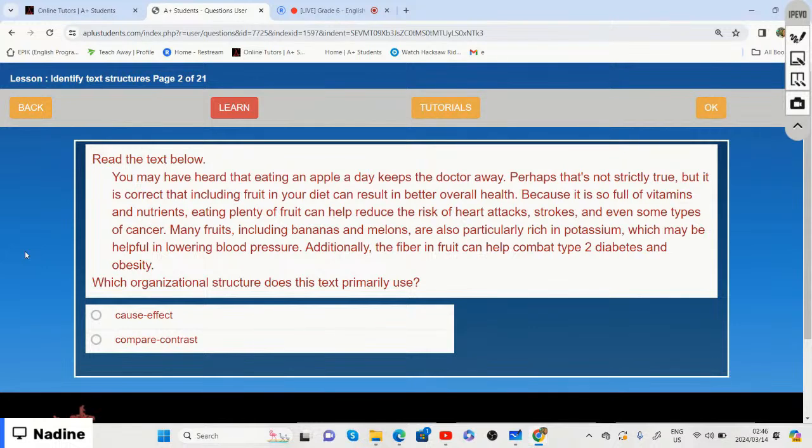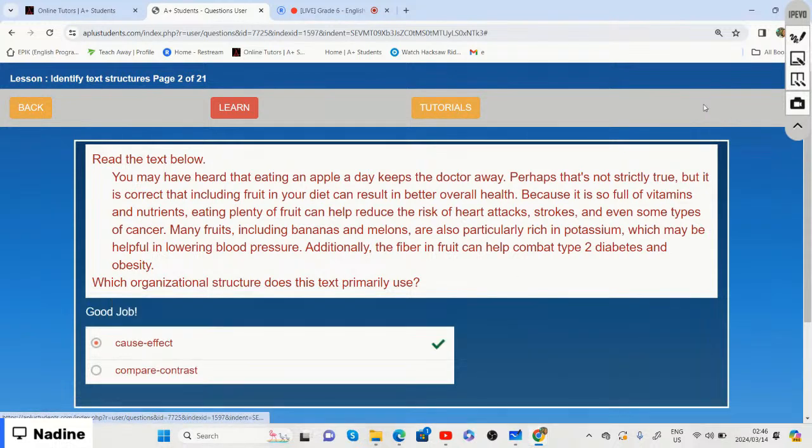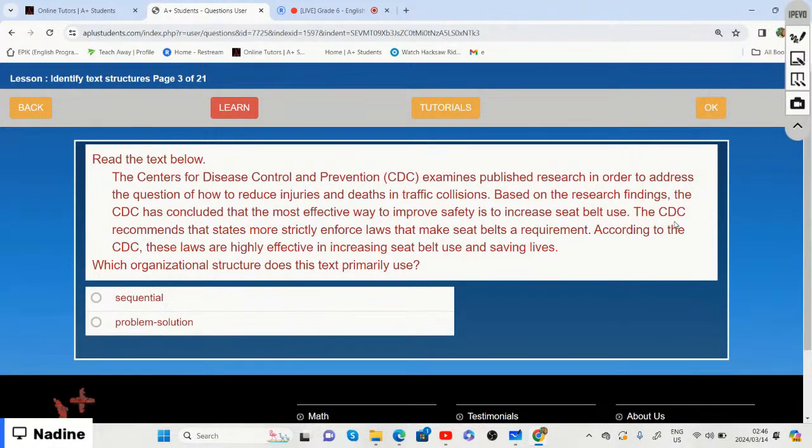If we choose the type of structure, we are going to choose cause and effect, because here they're telling us different causes as well as effects of eating fruit, specifically not an apple, but eating fruit. And they're saying that it will reduce or avoid certain illnesses and diseases.